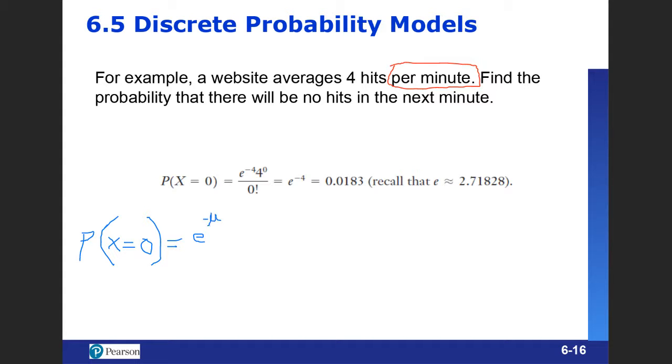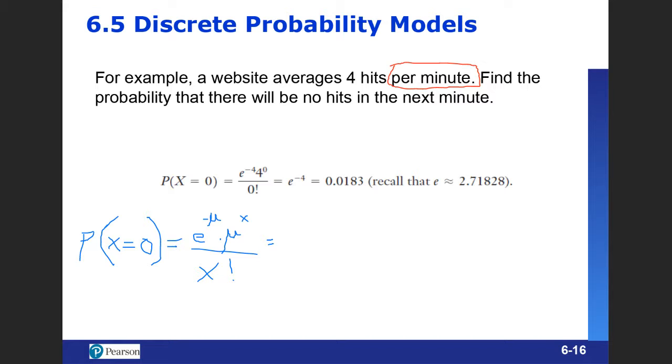The formula says it's e raised to the power negative mu, times mu raised to the power x, divided by x factorial. Now you don't need to use Excel for this because the problems for Poisson distribution are quite simple. You can plug into the formula, use your calculator and get the answer. I'll tell you when you really need to use Excel, and that will be for the next distribution.